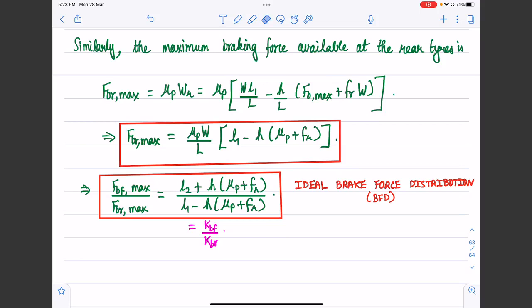Okay, so let me write it very carefully. Let's say KBF is the fraction of braking on the front wheels.